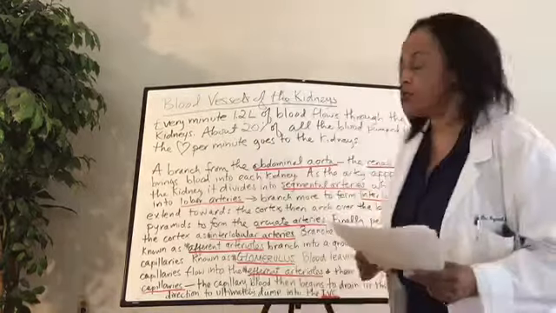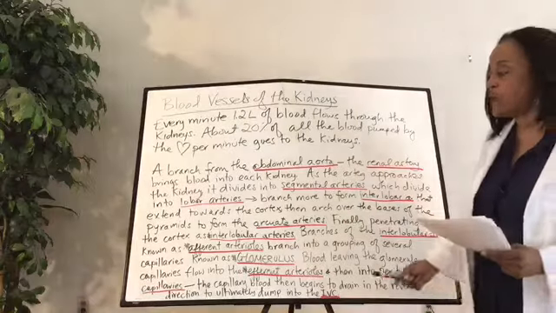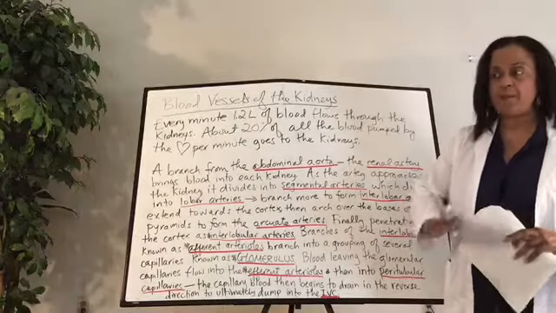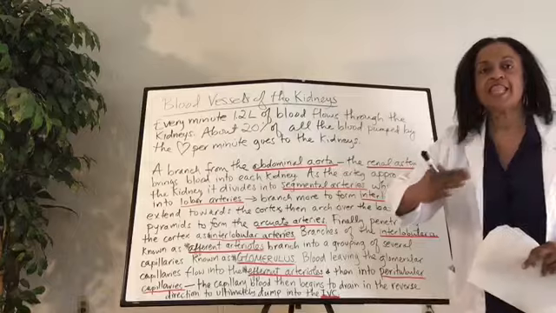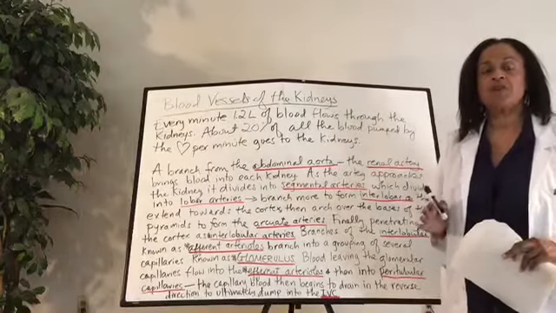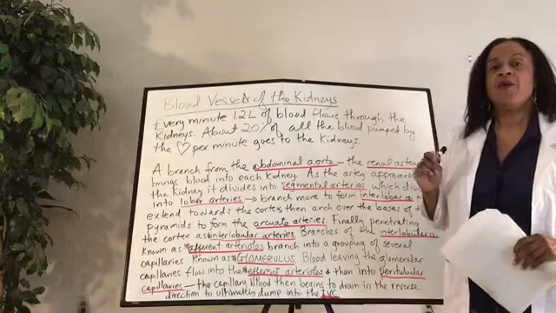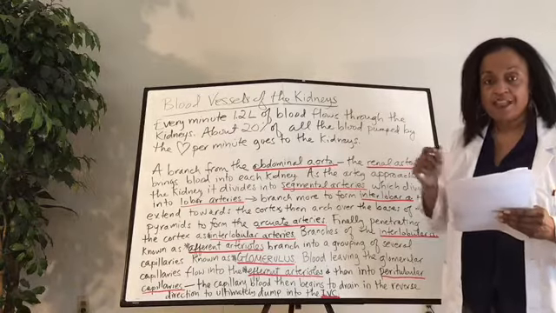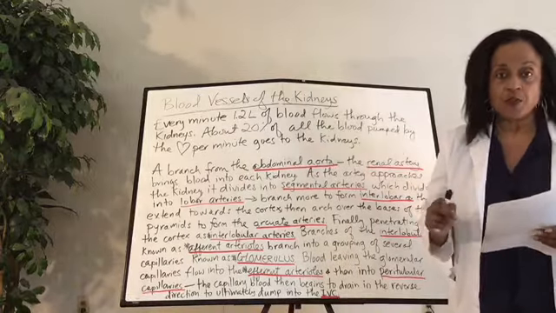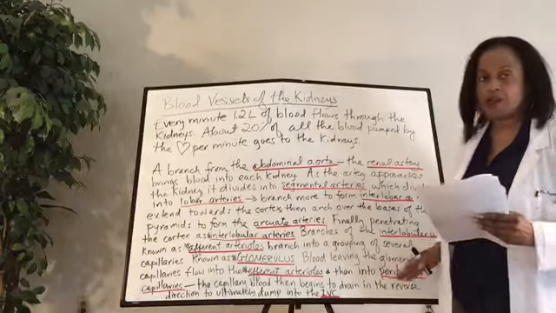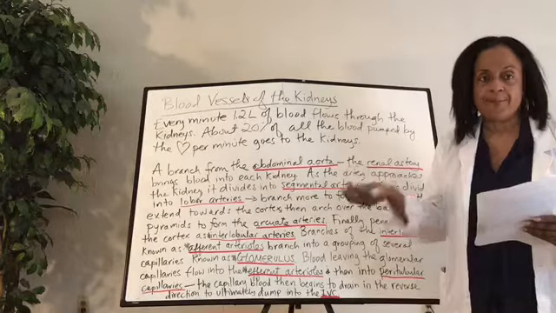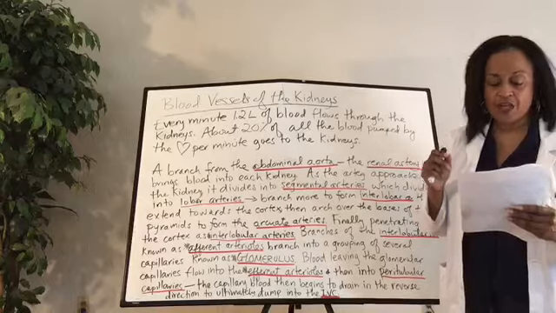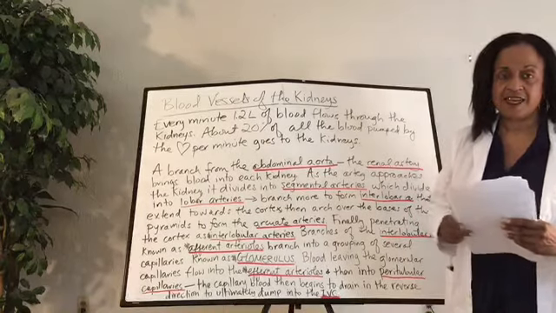Another point I wanted to mention is that the peritubular capillaries are down in the bottom parts, like in the medulla. I'm going to show you this part in a minute, which is known as the vasa recta. The vasa recta is a portion of the peritubular capillary that loops down into the medulla and then back to supply the loop of Henle and the collecting ducts.